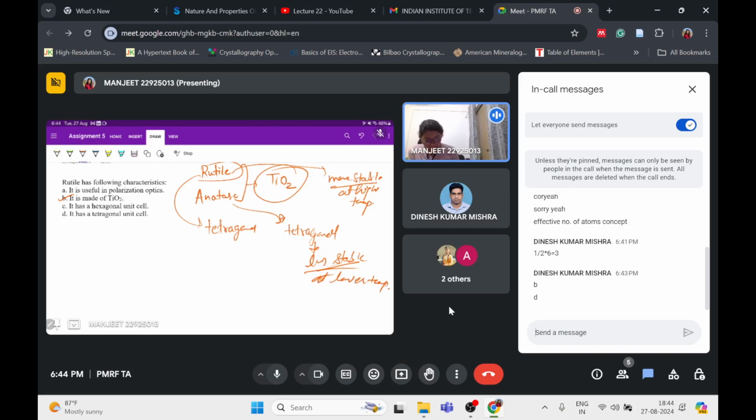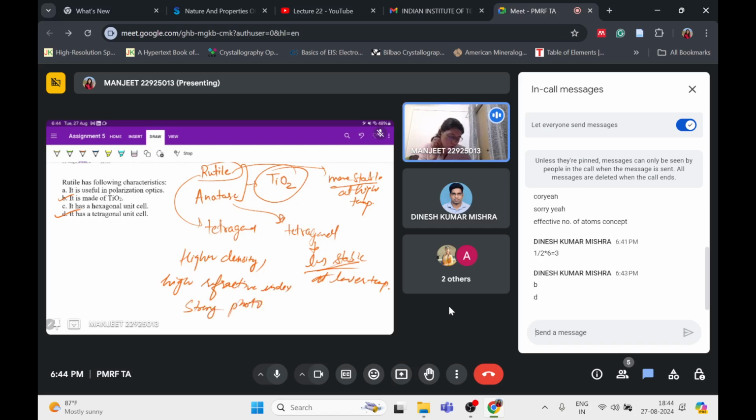B and D, yes, this is tetragonal, and it has higher density also. So with higher density it will have a higher refractive index compared to anatase, and also a strong photocatalytic activity.